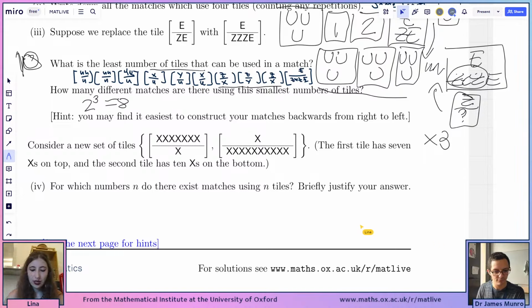So we know on the first tile, there are 7 on top and 1 on the bottom. And then on the second tile, there is 1 on top and 10 on the bottom.